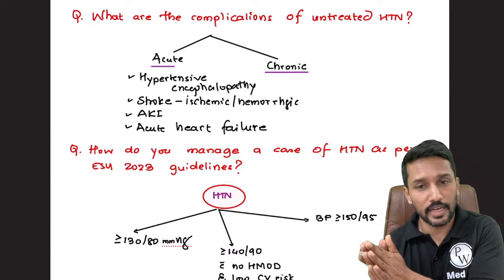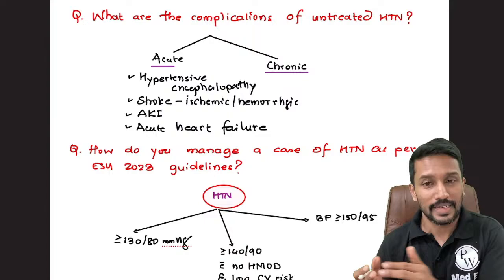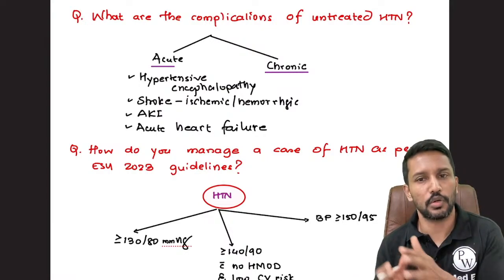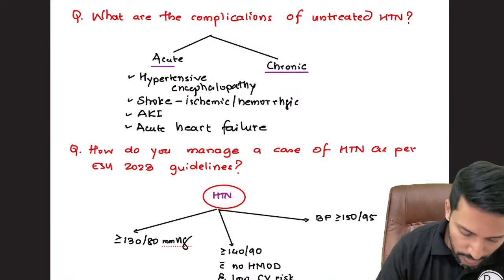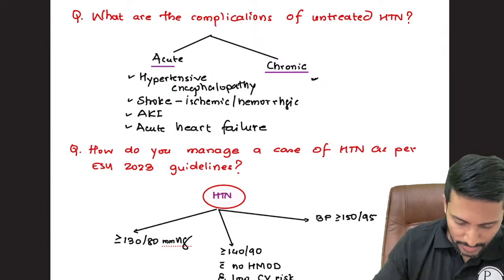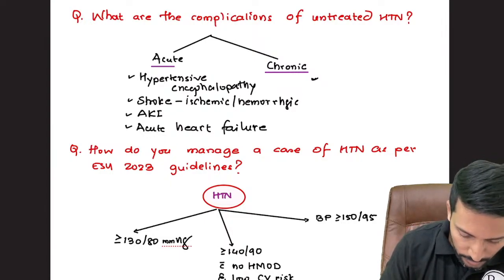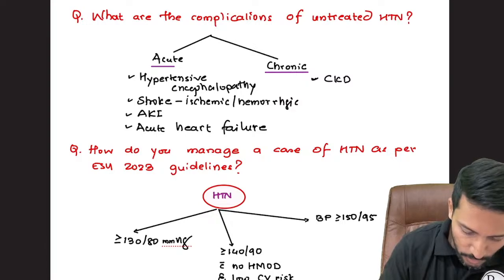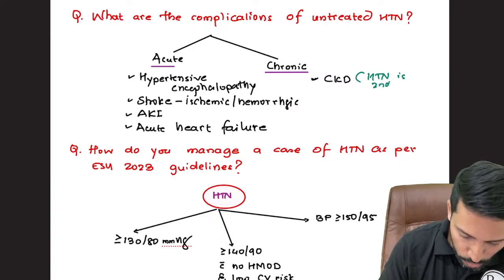Similarly, long-standing elevation in BP is associated with increased death risk or mortality because of various complications. So within that, I would say the patients, because of long-standing hypertension, can develop chronic kidney disease. As we know, hypertension is the second most common cause for CKD.